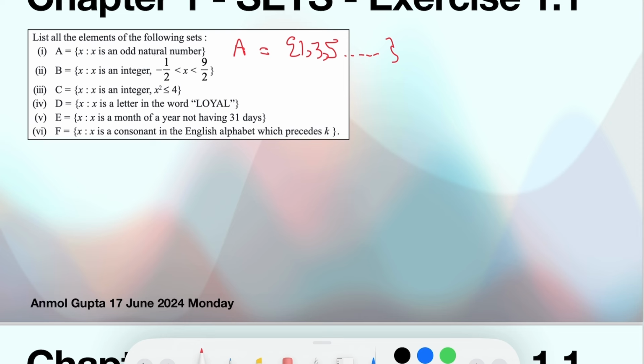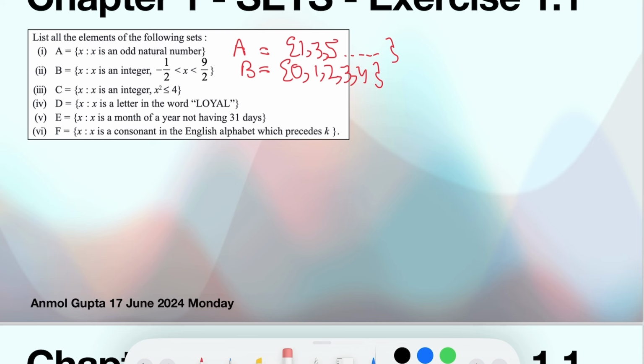B is equal to x such that x is an integer between minus 1 by 2 and 9 by 2. So B is equal to 0, 1, 2, 3, 4. As 9 by 2 is 4.5, so we have to restrict it till 4.